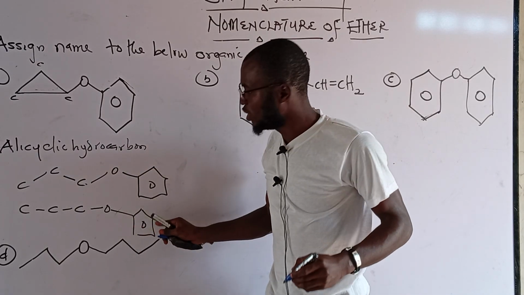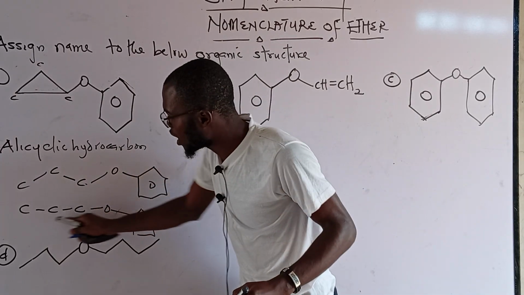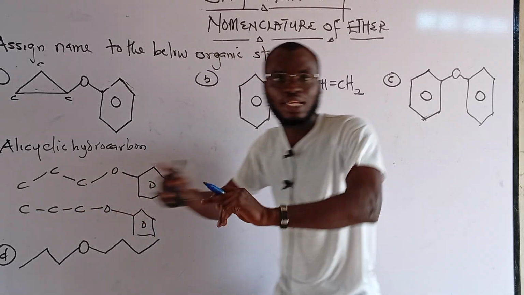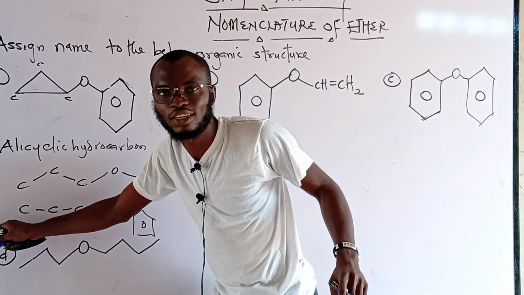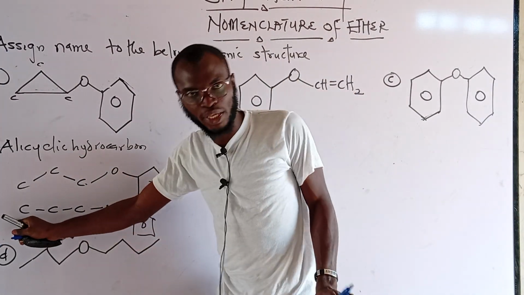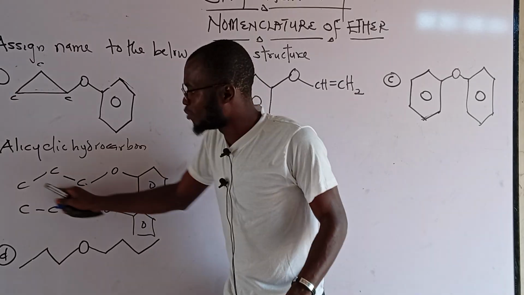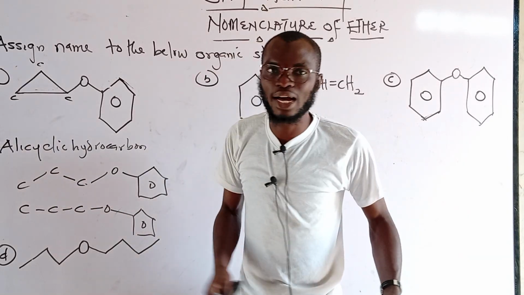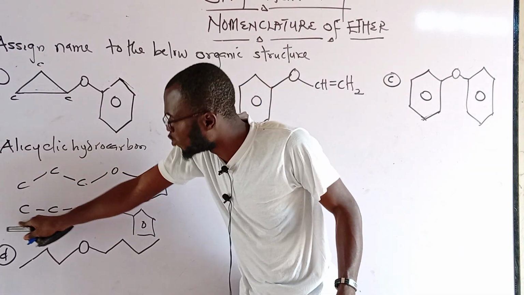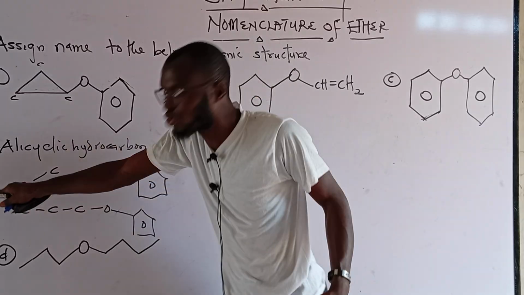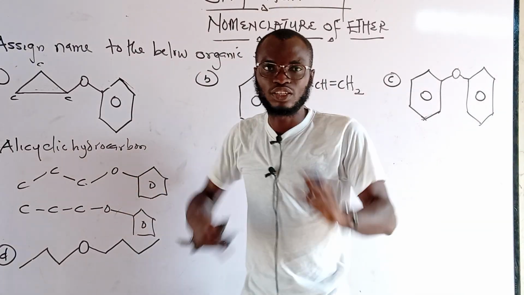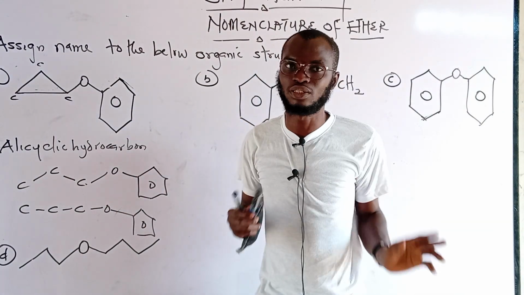But this carbon exists in aliphatic arrangement, in a straight arrangement. So this is normal propane. This is abnormal propane, like zigzag arrangement. But it's still the same thing as this. Whatever the name that is assigned to this goes to this one as well. It's just that the way they were structured is different.